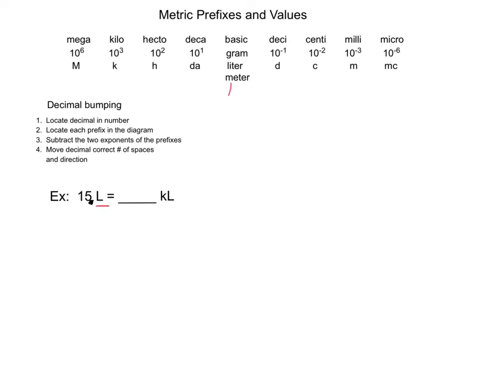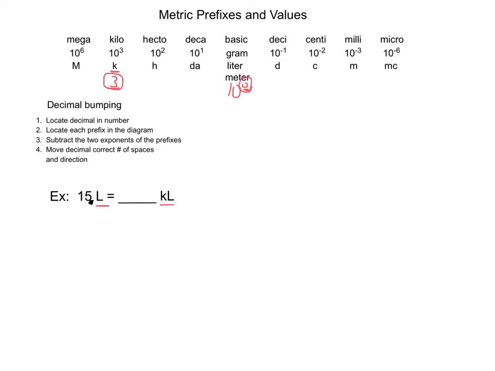And you might recall that for the basic unit, your exponent here is going to be 0, and that's the number we're going to want to focus on. For the kilo, we are looking at an exponent of 3. So again, we're locating the prefixes, but what we're going to focus on are these exponents that are a part of that.